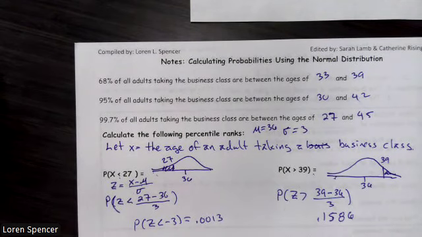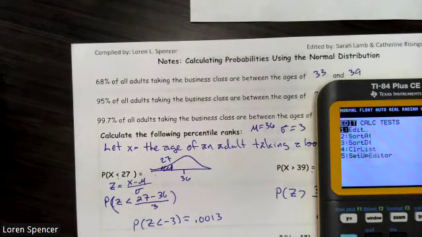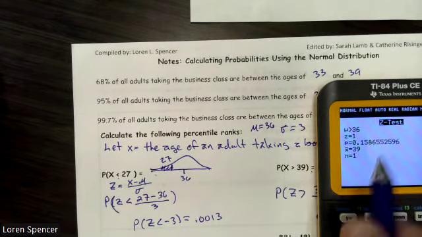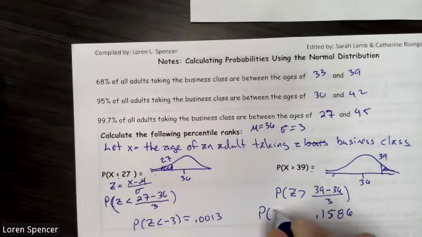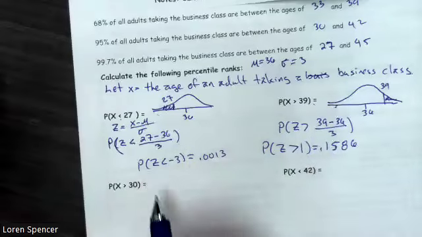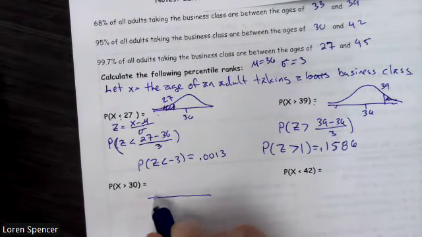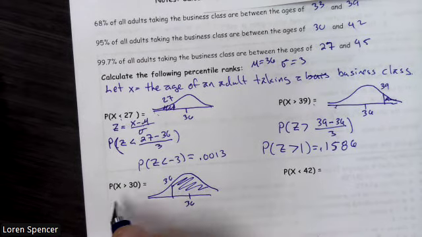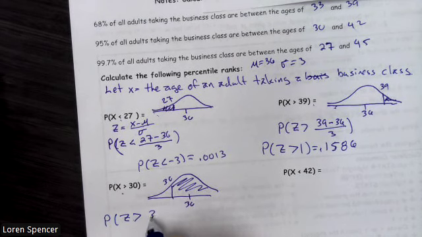So the probability that Z is greater than 1 equals that. All right. Probability that X is greater than 30. Well, 36 is my mean, so still down here. And we're looking for this. So we want the probability that Z is greater than 30 minus 36 over 3.